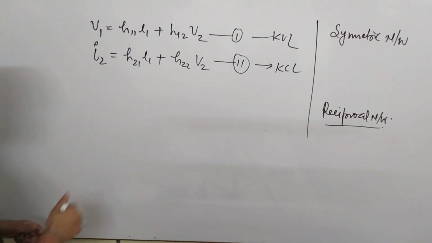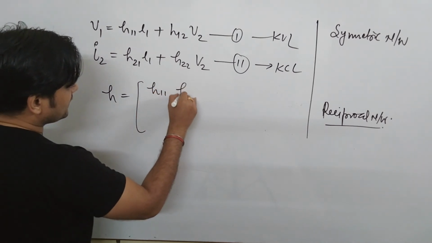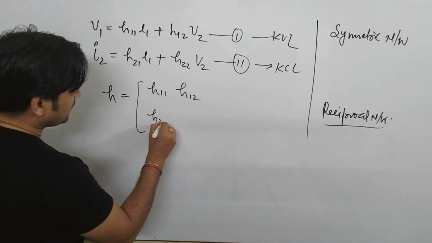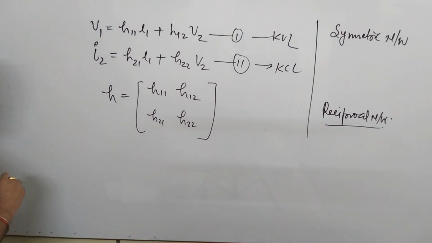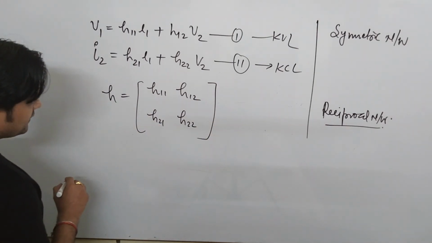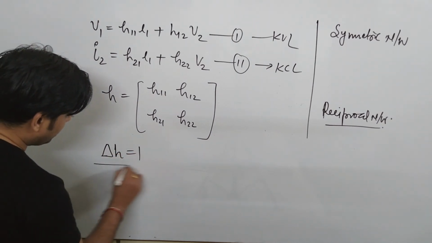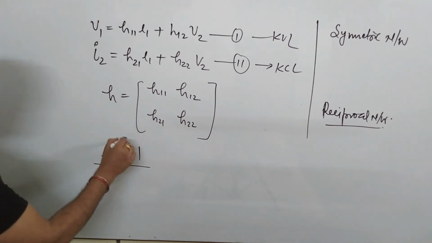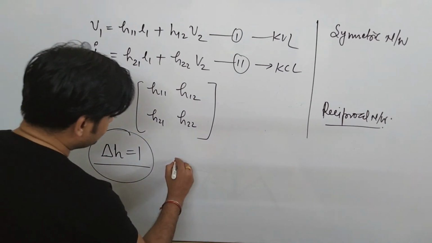In case of H parameters, if this is an H matrix, then it is H11, H12, H21, H22. So whenever we are talking about the condition of symmetric networks, please keep in mind del of H must be 1. Del of H means you have to find the determinant.